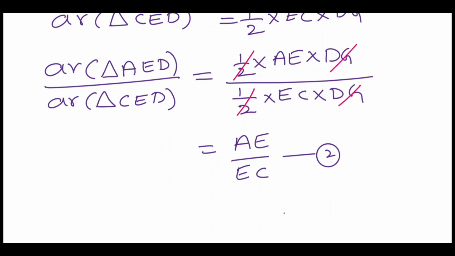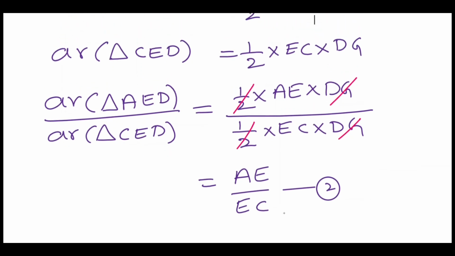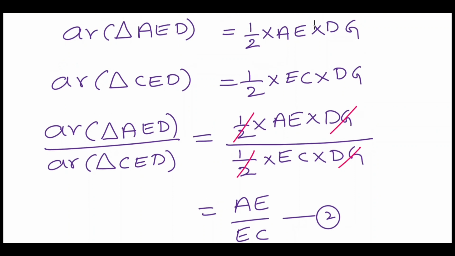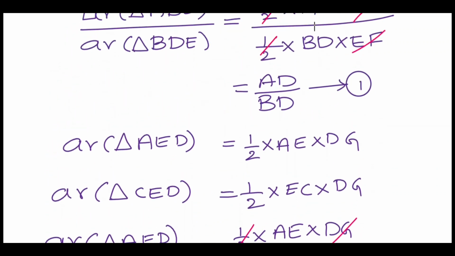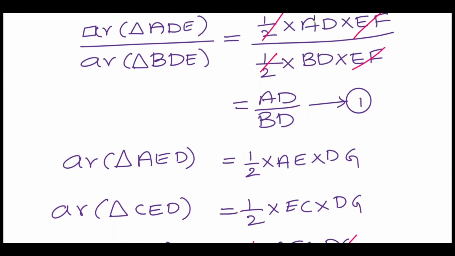From equation 1 and equation 2, we can observe that triangle AED and triangle ADE represent the same area. We are taking two different bases and their corresponding heights within that triangle only, so they are the same triangle, equal, no issues.